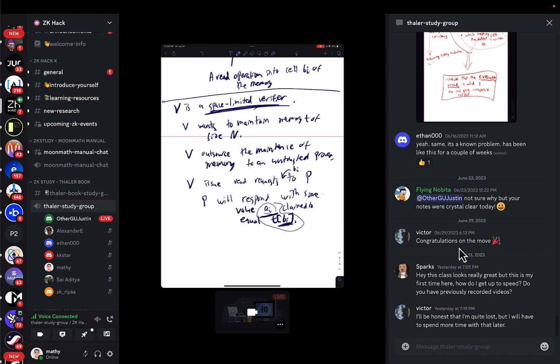In the memory checking setting, you think of the verifier as just being space limited, and it's issuing these requests on the fly. So after it's issued 10 requests and gotten 10 responses, it then decides what index to query for the 11th request. So very almost the same setting, but not exactly.